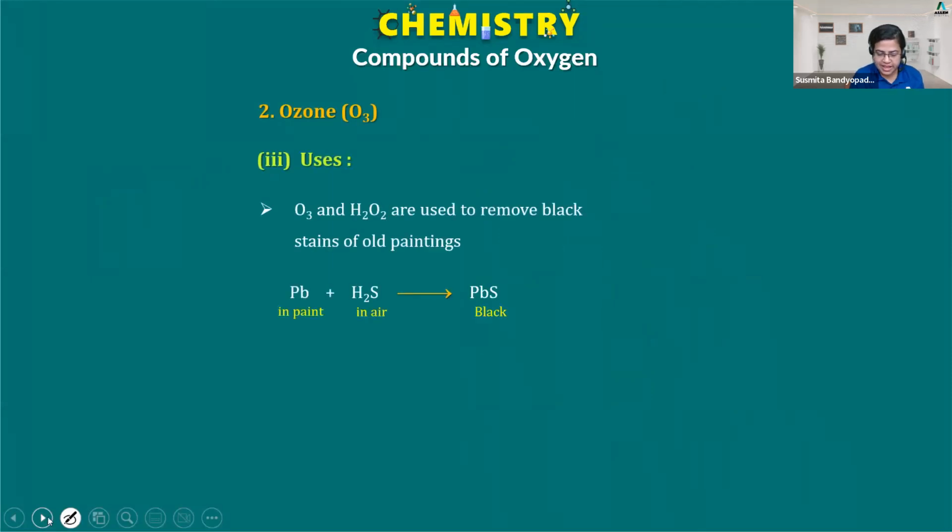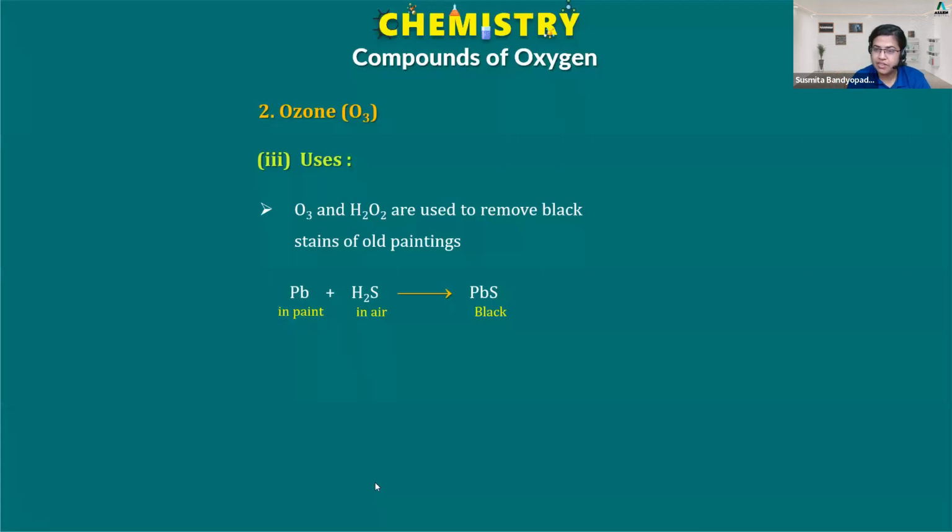O3 and H2O2 are used to remove black stains of old paintings. H2S in the air oxidizes lead in the paint to PbS. Paintings turn black because lead in the painting will react with H2S in the air.